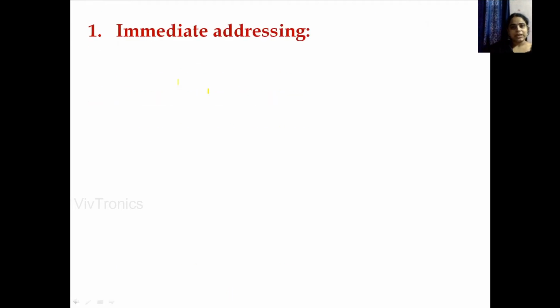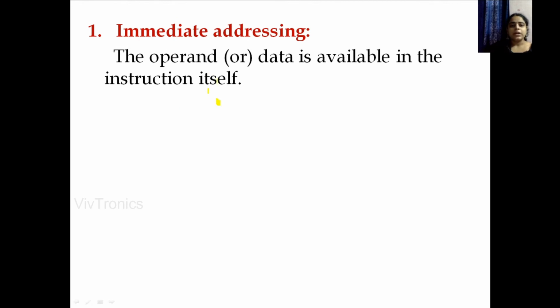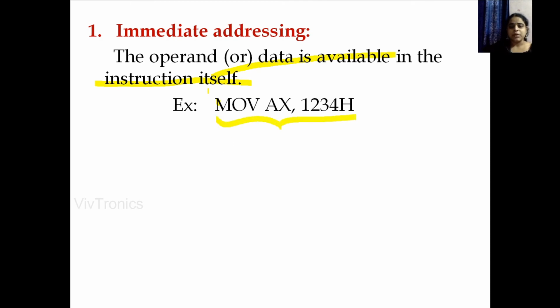First one is immediate addressing mode. Immediate means readily available. The data or operand is readily available and is immediately moved to the register or the memory location. The operand or data is available in the instruction itself. For example, the instruction MOV AX, 1234H.